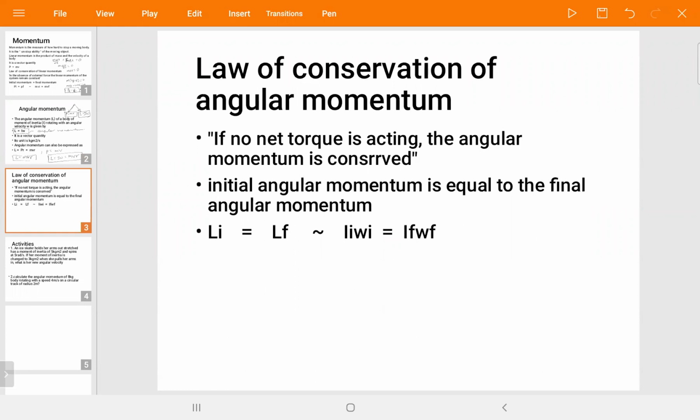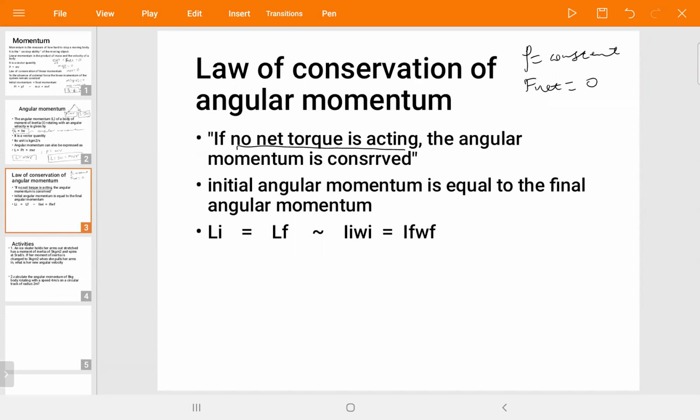When the net torque acting on a body is zero, then the angular momentum has the same value, or the value of angular momentum remains constant. For linear momentum to be conserved or constant, the net external force needs to be zero.